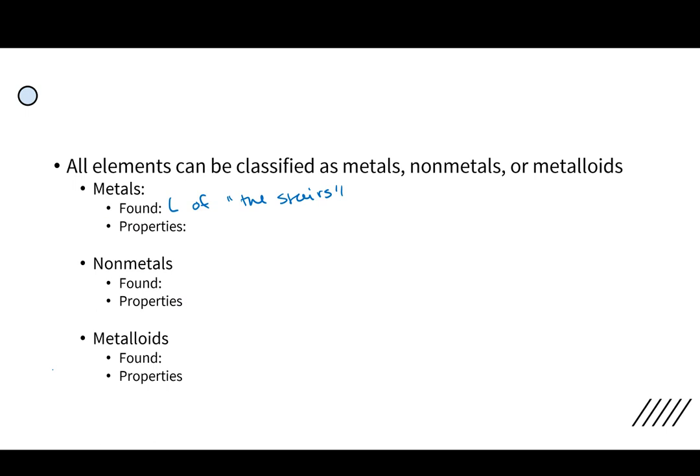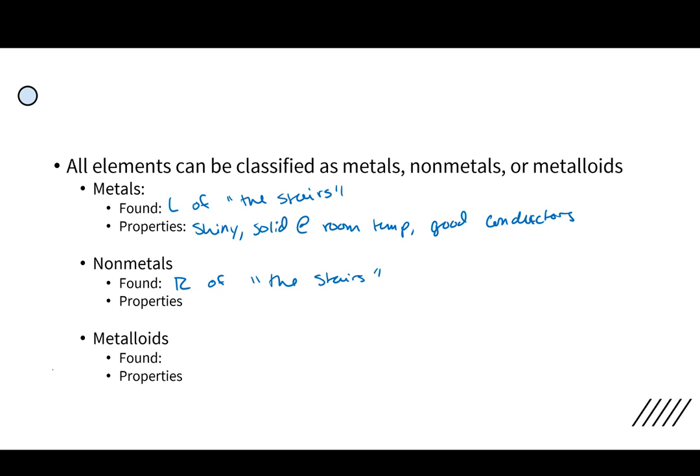Properties of metals are that they are shiny, they're usually solid at room temperature, and they are good conductors of heat and electricity. Nonmetals are just the opposite of metals, so they are found to the right of the stairs, except, of course, hydrogen, who you'll notice throughout this class is always just kind of causing trouble, off doing its own thing, not really blending in with everybody else.